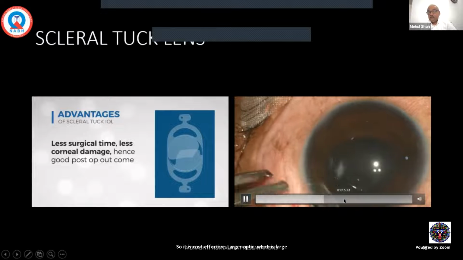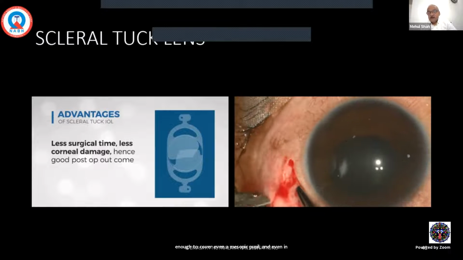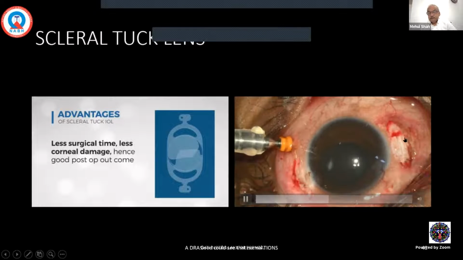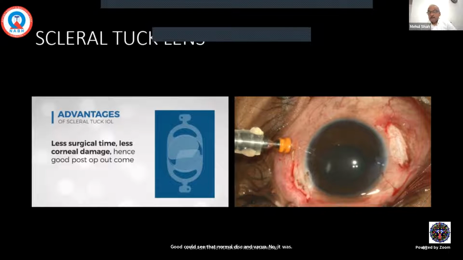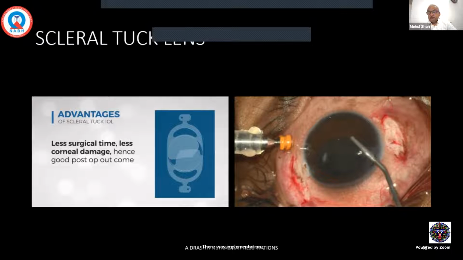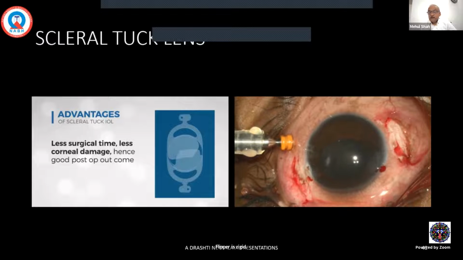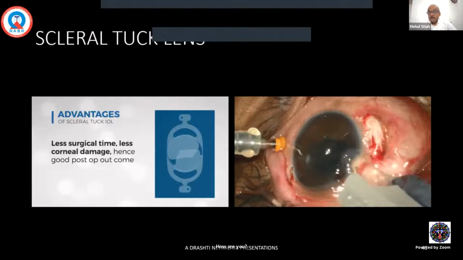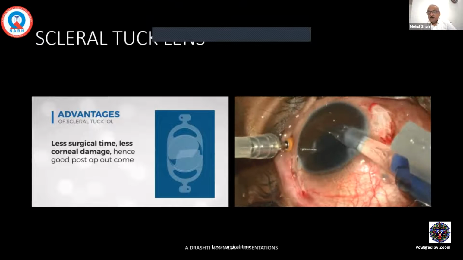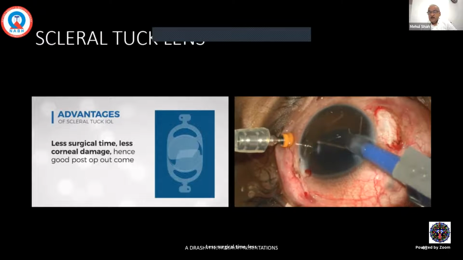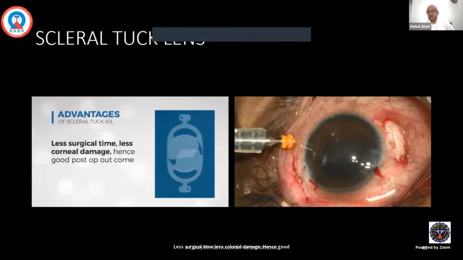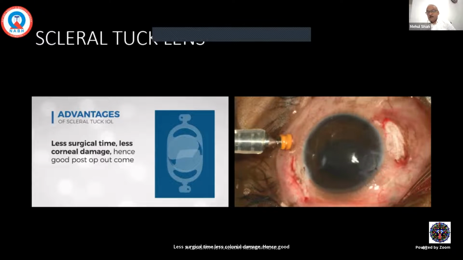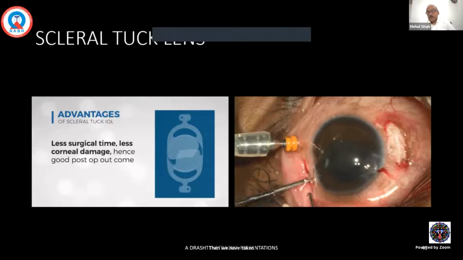Then we have taken for this scleral fixated lens. You can see the flaps are prepared like any other scleral fixated lens. We inserted the lens into the anterior chamber. It has a very small learning curve.